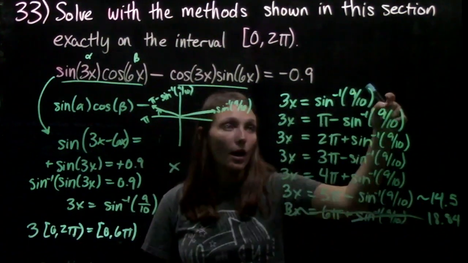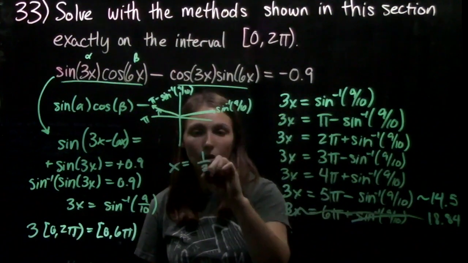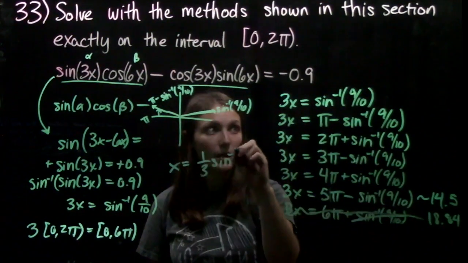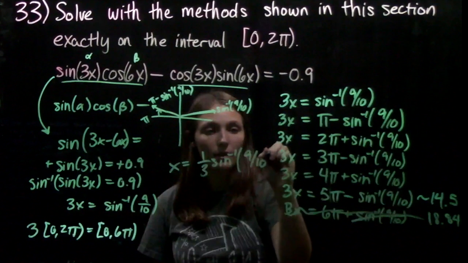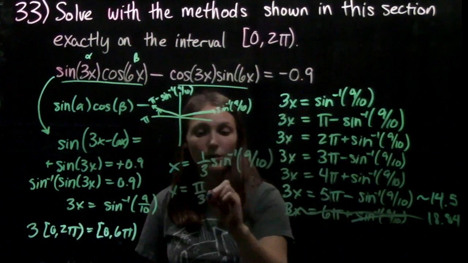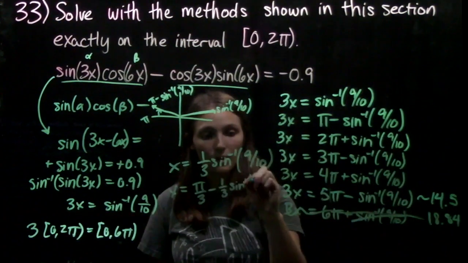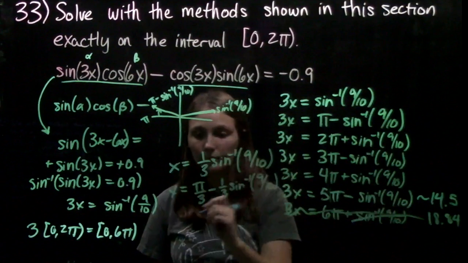And all we have to do is divide both sides. So we'll have x equals 1/3 times sine to the negative first of 9/10. We'll have pi over 3 minus 1/3 sine negative first 9/10.